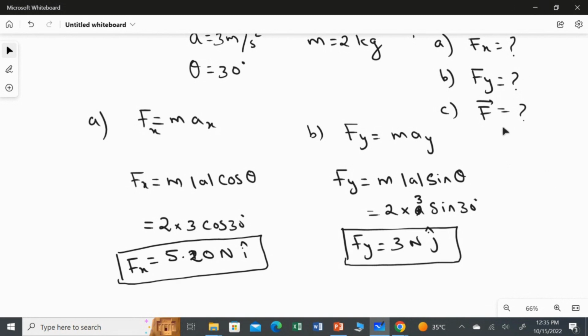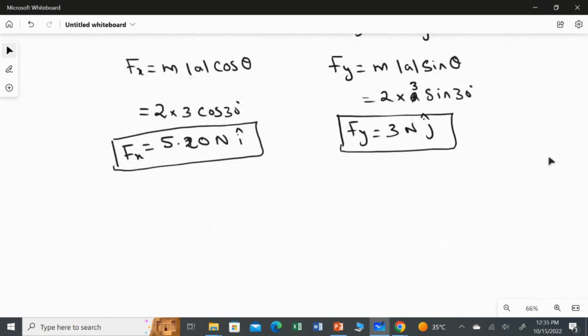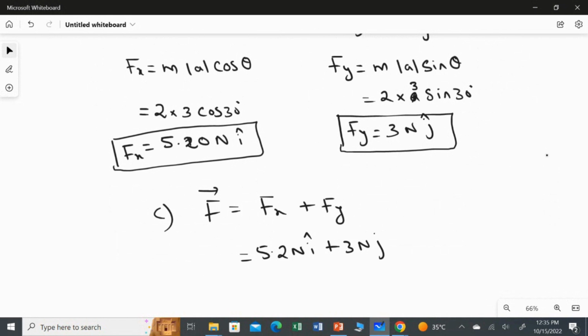And then in the third part, we have to find the net force in unit vector notation. So what is the unit vector notation? Net force is equal to Fx plus Fy. Clear? So I'm going to substitute these values here. The answer will be 5.2 Newton i cap plus 3 Newton j cap.